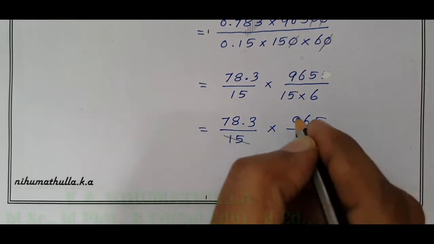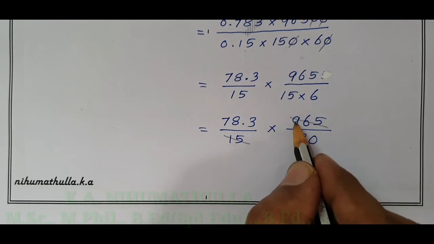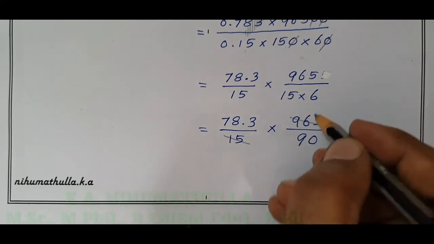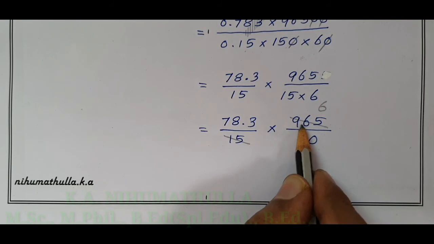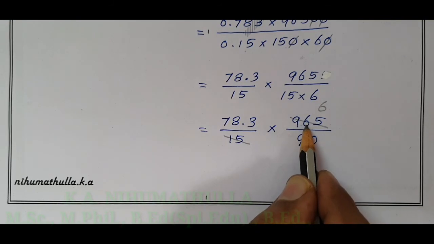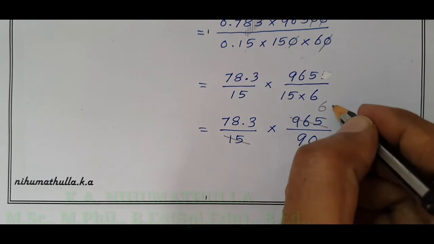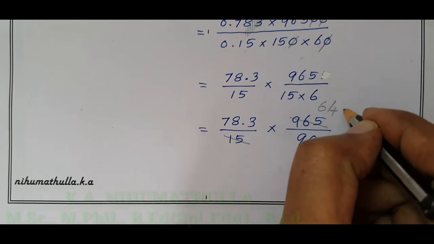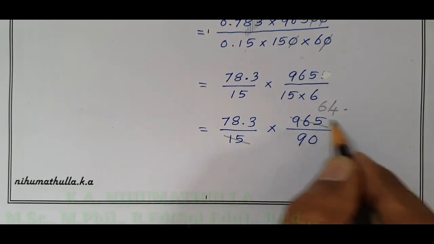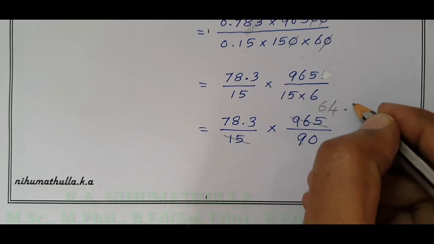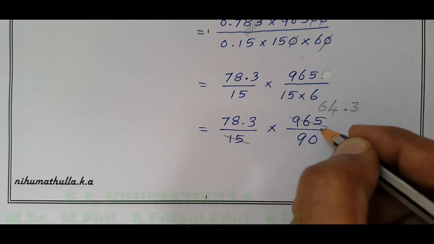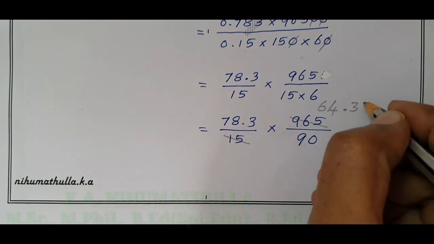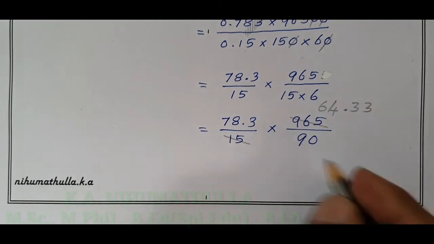In 96, how many 15s do we have? 6 15s are 90. Remaining 6, bring down 5, 65. 4 15s are 60. Remaining 5, 50. 3 15s are 45, and it goes on.